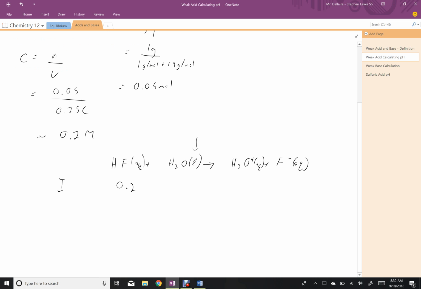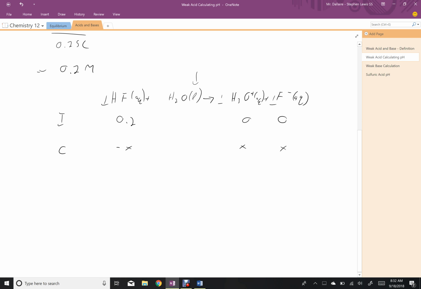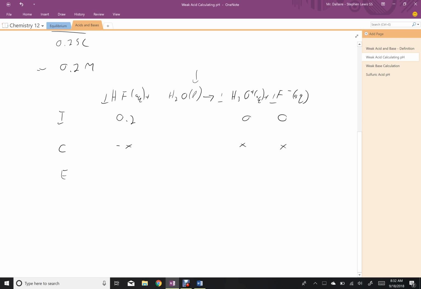And I'm going to assume none of it reacted, so I have 0 and 0 of this. My change will be a decrease in X, an increase in X, and an increase in X, and we're all 1 to 1 here, so we don't have to worry about any ratios. In my equilibrium situation, then, this concentration will be 0.2 minus X. This will be X, and this will be X.